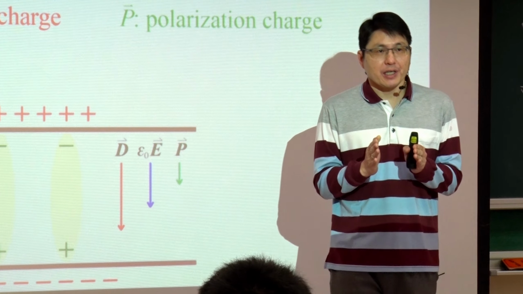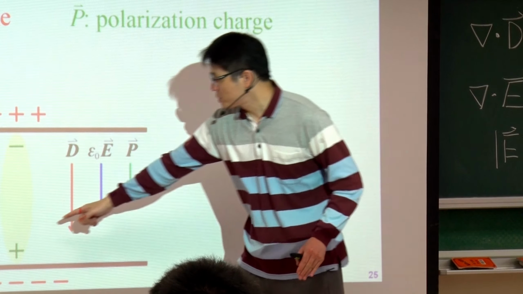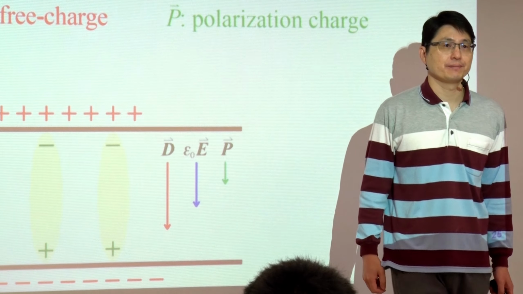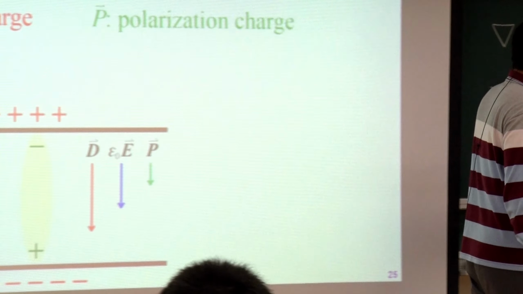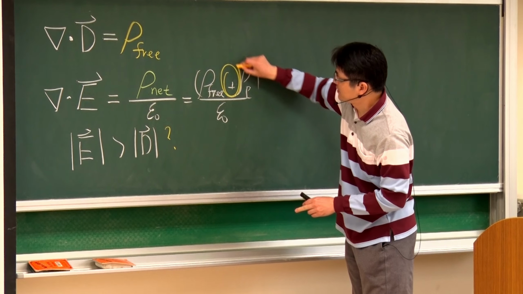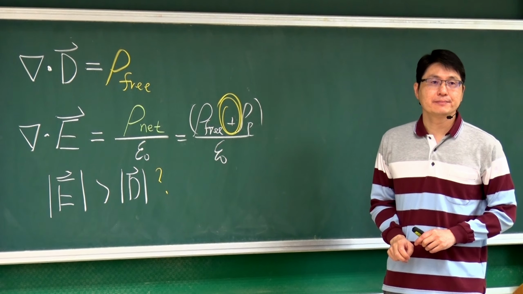This is in perfect accordance with the fact that the field lines generated by the dipole are used to counteract the externally applied field. Okay? So don't be fooled by this plus sign.